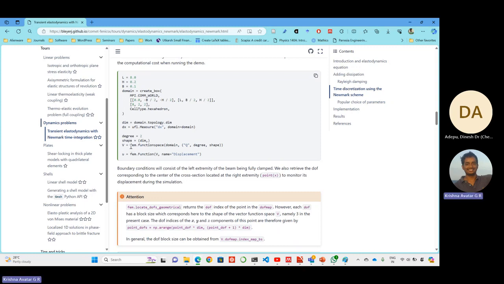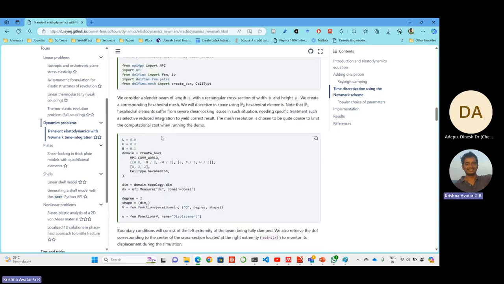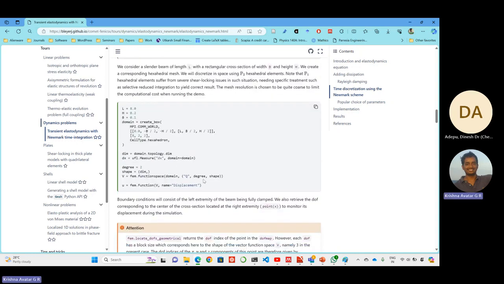So that is how we have constructed the functional space V over the domain. Q is for quadratic element, it will take degree 2, and the shape will be 3. Since we are solving a 3D problem, at every point the value of the variable happens to be a vector: u, v, w, three displacement components at every point.